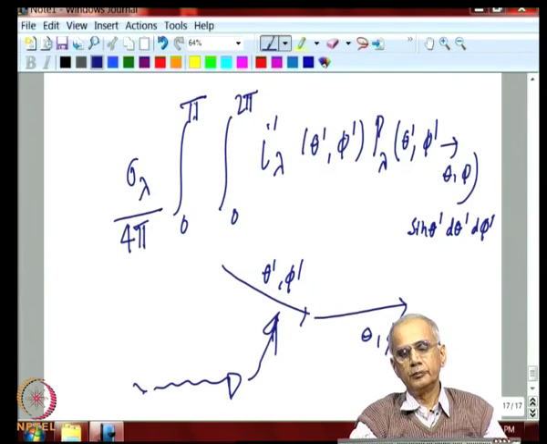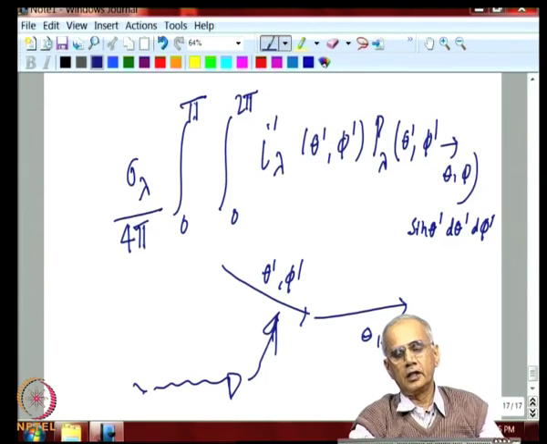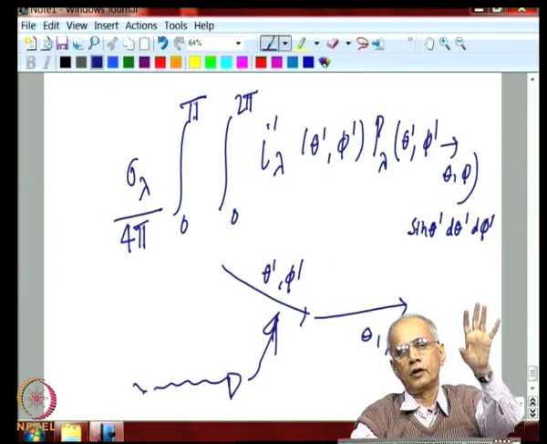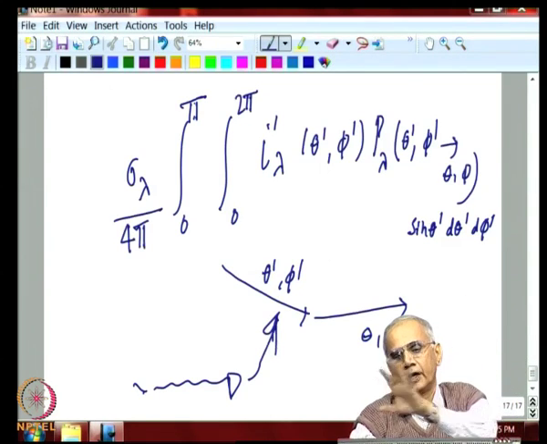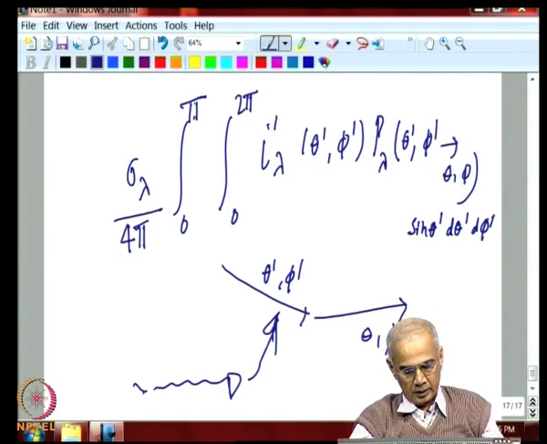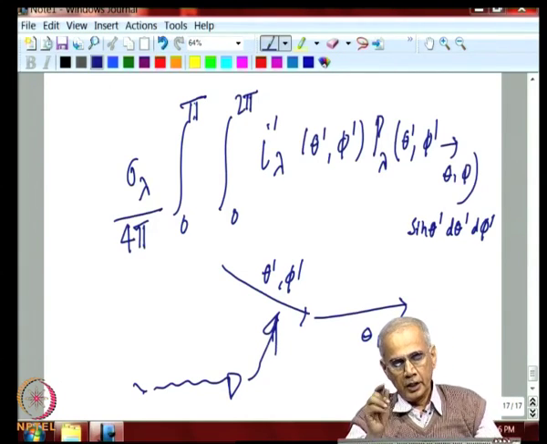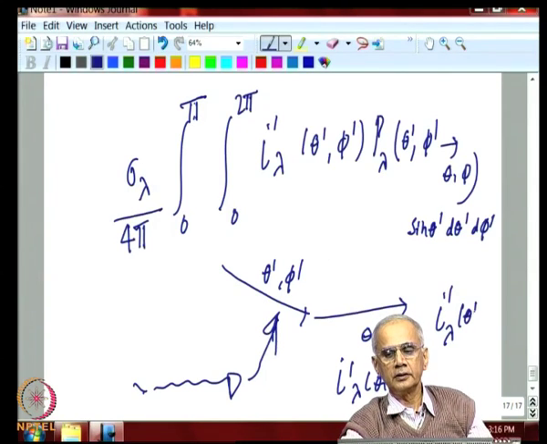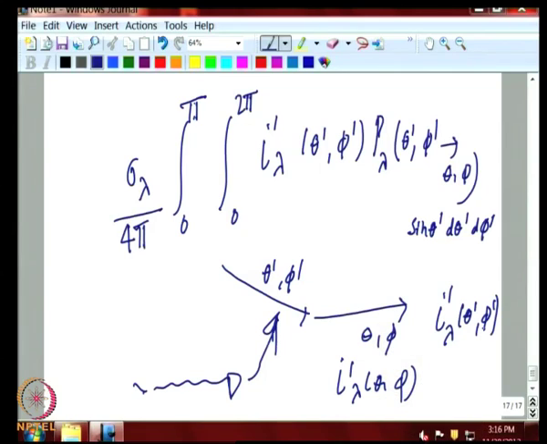In the scattering problem, this term, due to scattering, changes the direction of the photon from theta prime phi prime to theta phi. That is what causes a lot of complication, because in order for you to solve for I lambda theta phi, you must know accurately what is the intensity in some other direction theta prime phi prime.